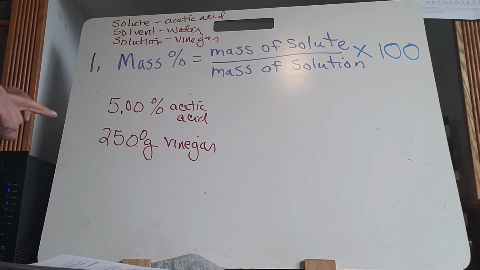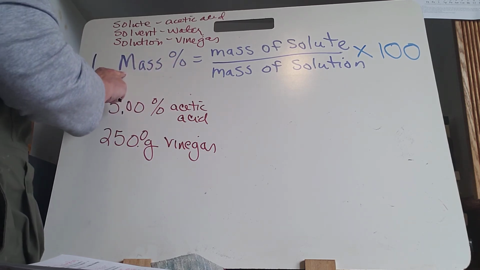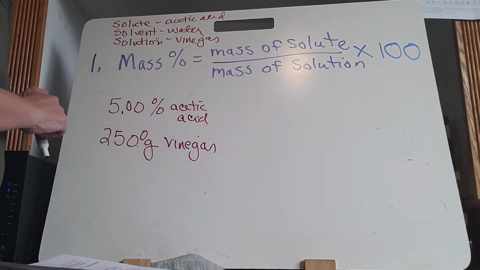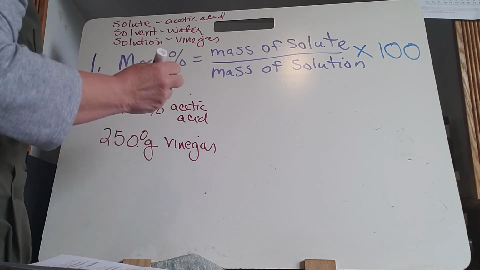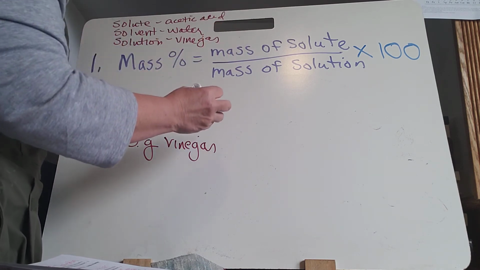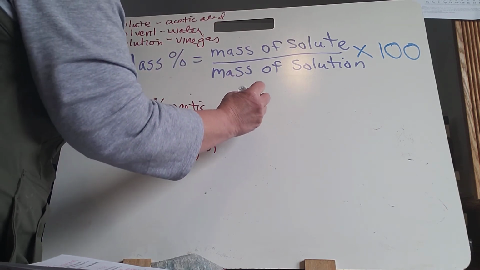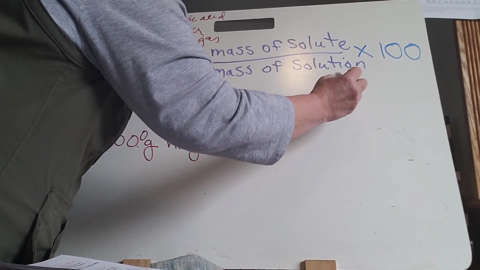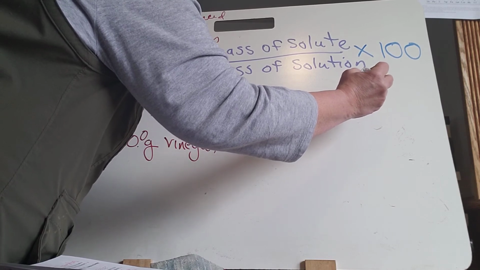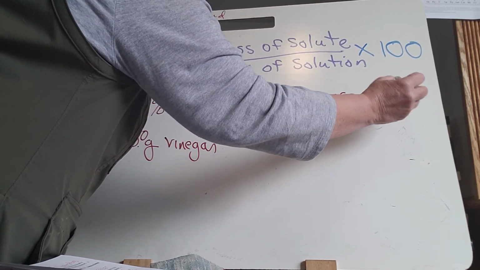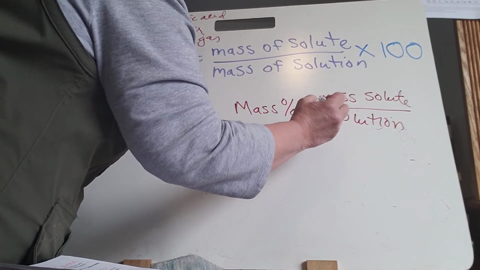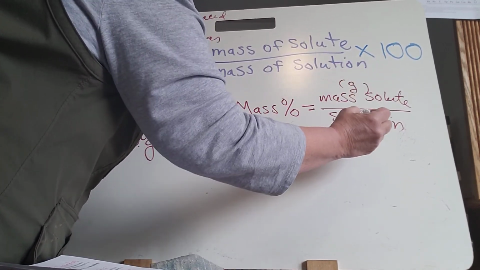And so now to solve this problem, we're no longer looking for the mass percent, we're looking for the mass of the solute. So this is my unknown. So now I need to take that mass percentage equals mass of solute over the solution. And again, both of them are in grams.